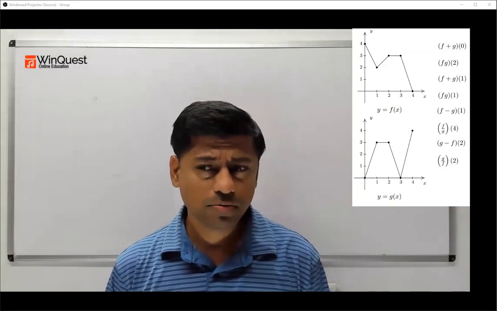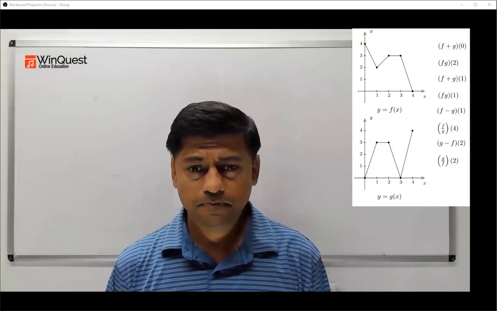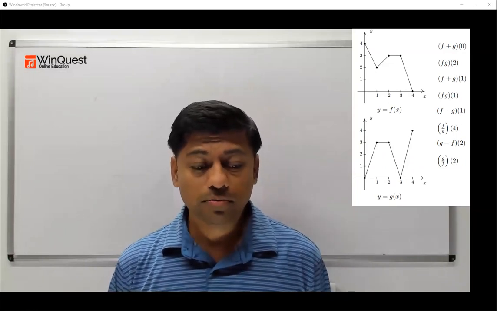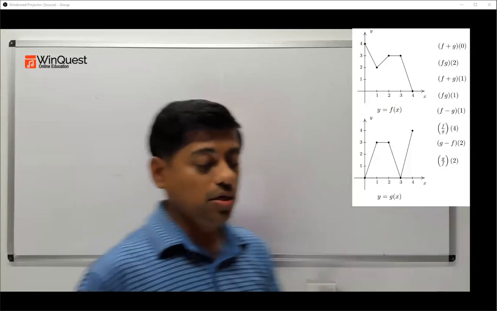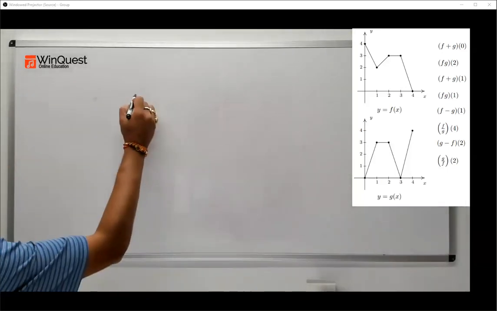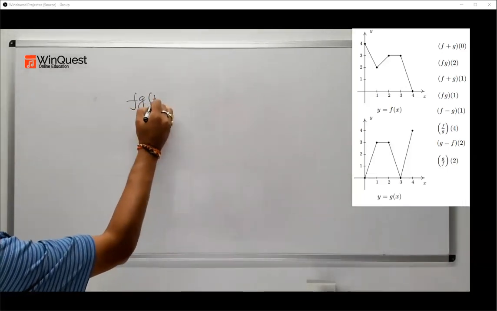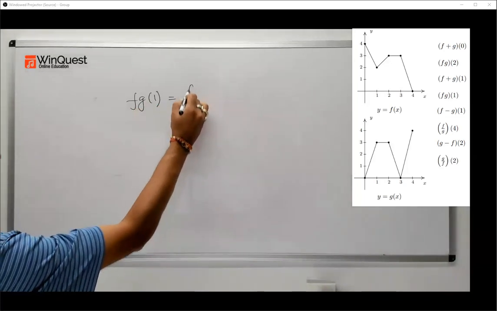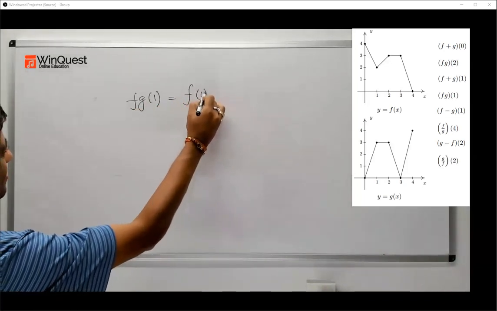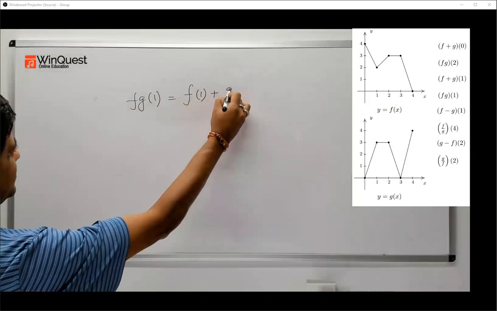I think it would add. We are on the fourth one. Fourth one is fg of 1. Oh yeah, never mind. Yeah, we multiply. Fg of 1 equals f of 1 plus g of 1.